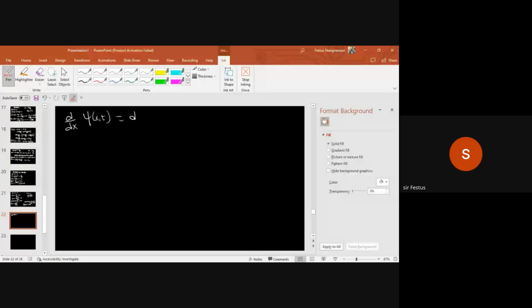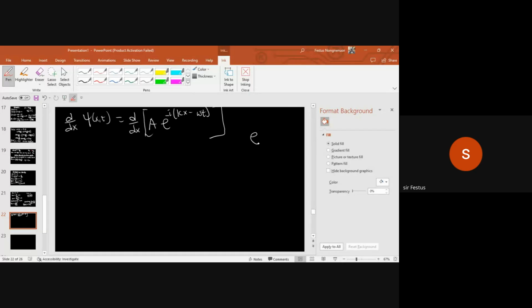This time I'm considering only x, so I'm not looking at the time. It means the t part will be treated as constant. Whatever is raised to the power is nothing but e to the power minus i kx, times e to the power i omega t.